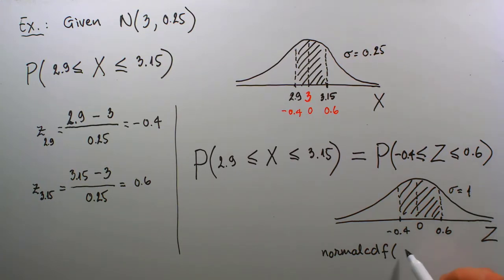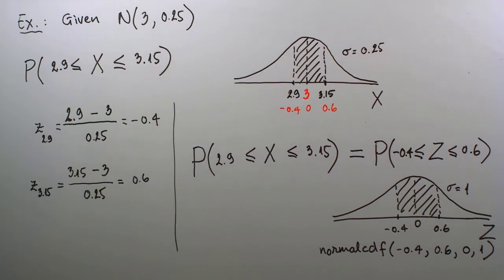So you must enter the lower end first, which is negative 0.4 in this case, then a comma, then the upper end, and a comma again, and we're going to default these two values at 0 and 1. At this point, we are ready to execute the normal CDF command to find out what our final answer is.